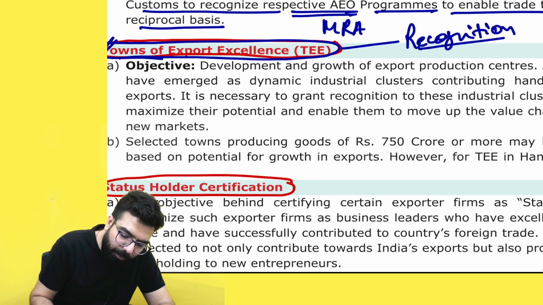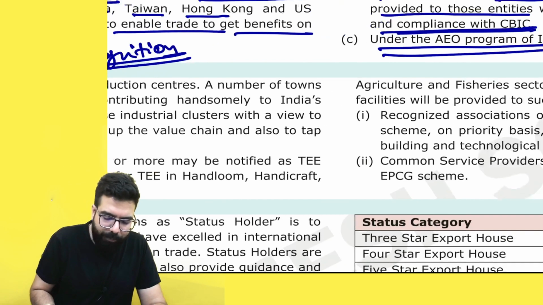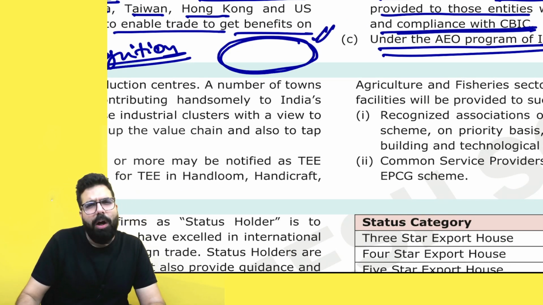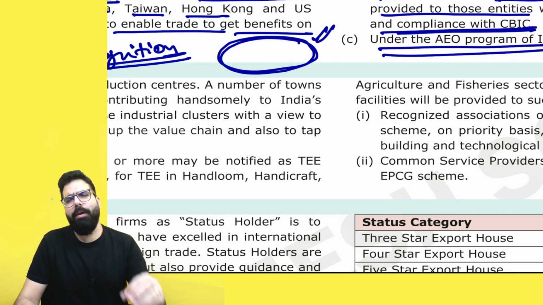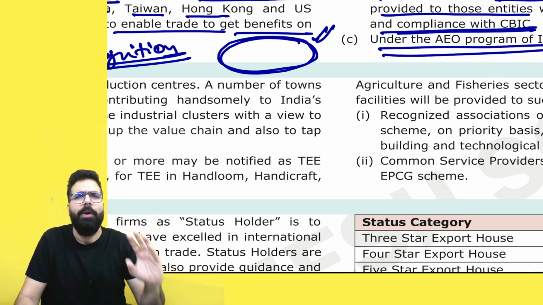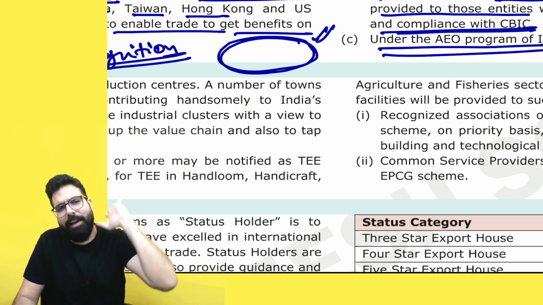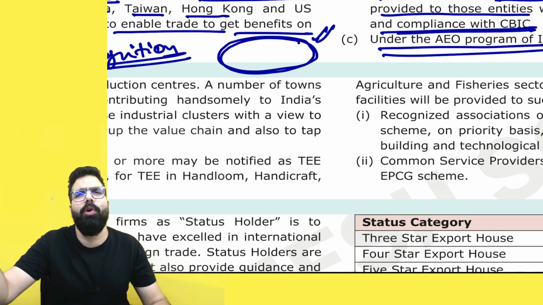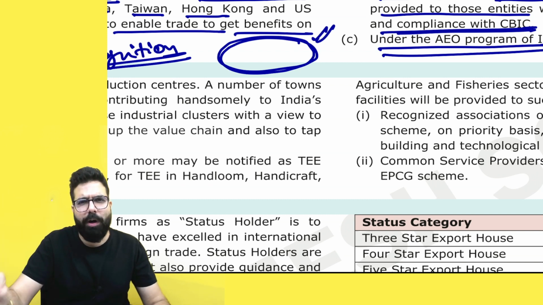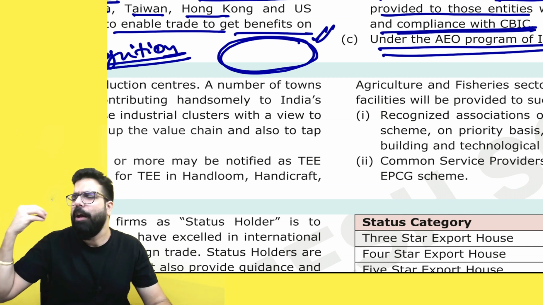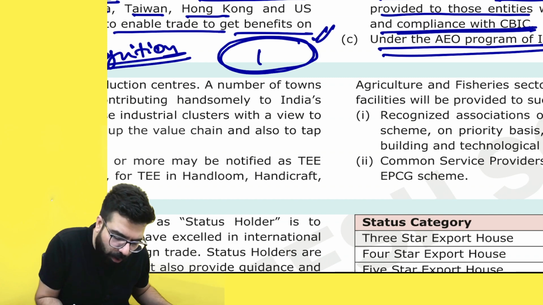There are certain towns that have realized they are exporting in a very good manner, a lot of items are being exported by them, and they are export excellence towns. So the government will give them a star, a Town of Export Excellence recognition. If a town is given this recognition, the government will give a lot of benefits to that TEE.